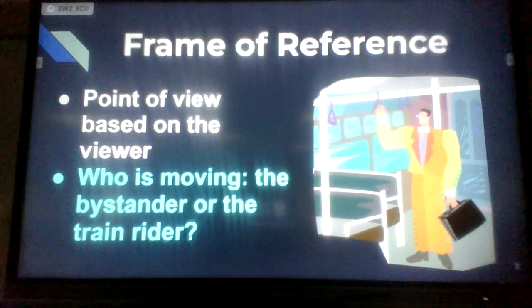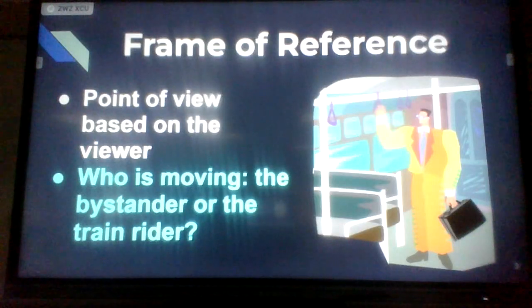Well, what they each have is a point of view that we call the frame of reference. The point of view is based on the viewer. Now, we know for sure in our brains that the train is the object moving, and since he is standing in the train and attached to that train car, his body is actually moving away.